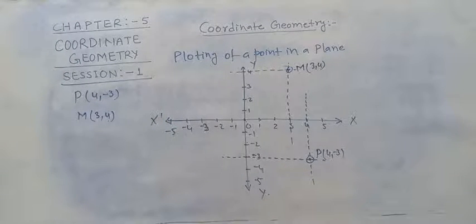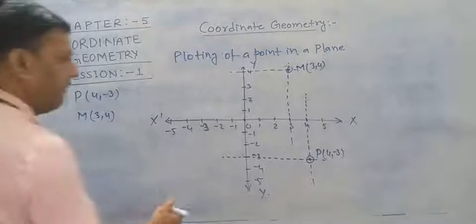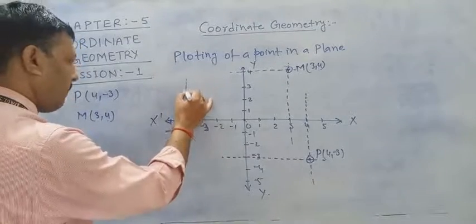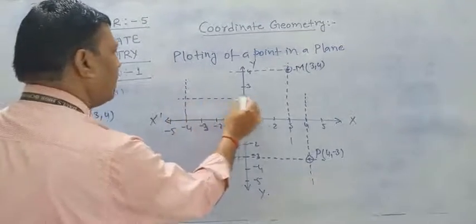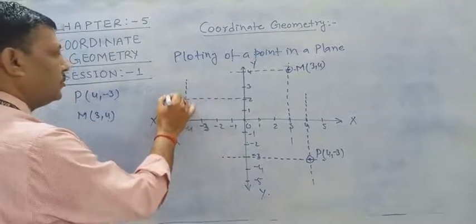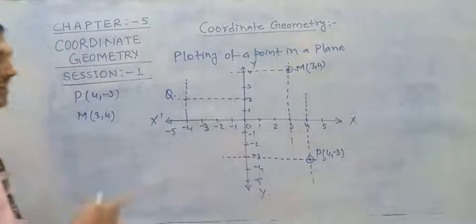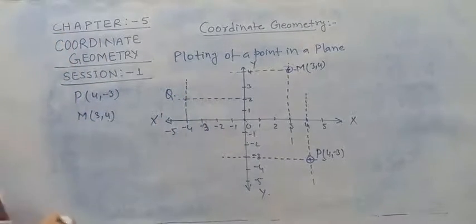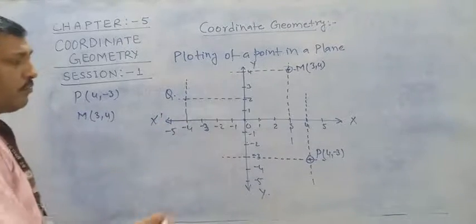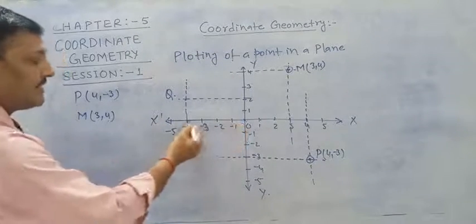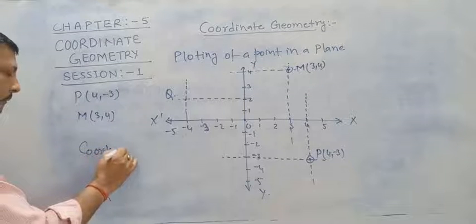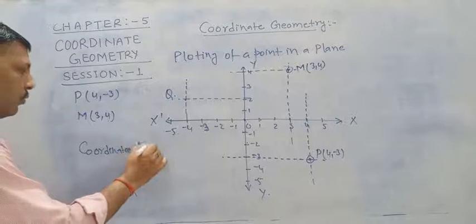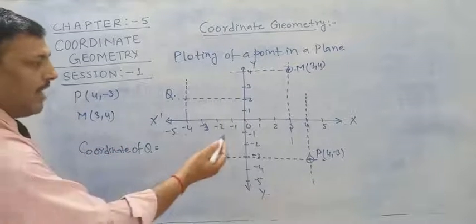Suppose any point is given, this is the point Q. So what's the coordinate of the point Q? For knowing the coordinate of the point, first of all we count the units on the x-axis. So the coordinate of Q is equal to, what's the value of the abscissa?